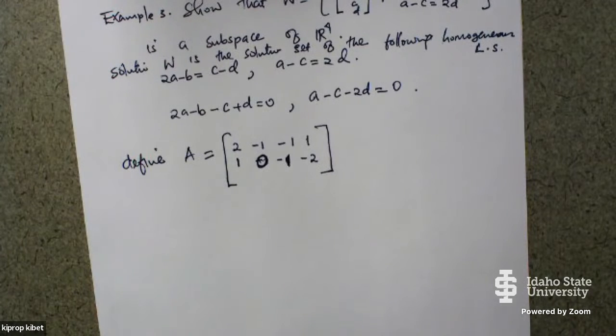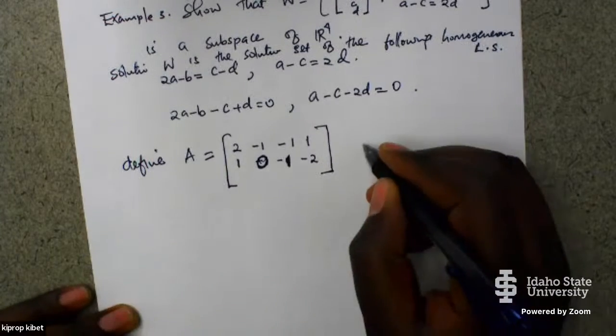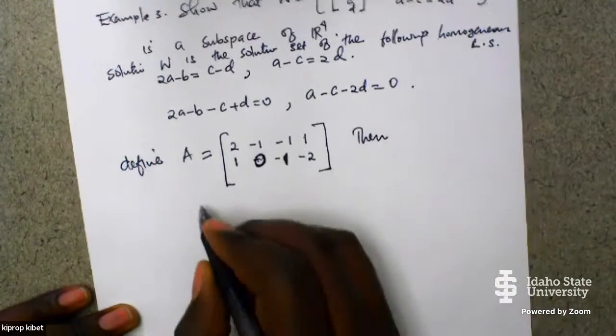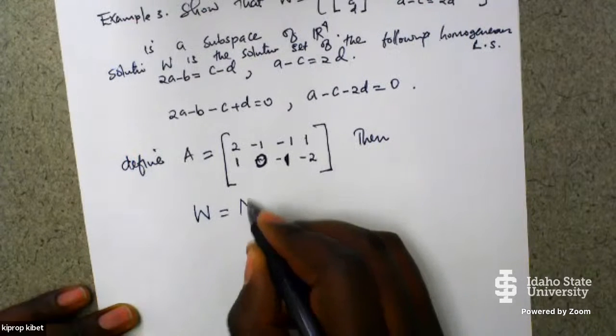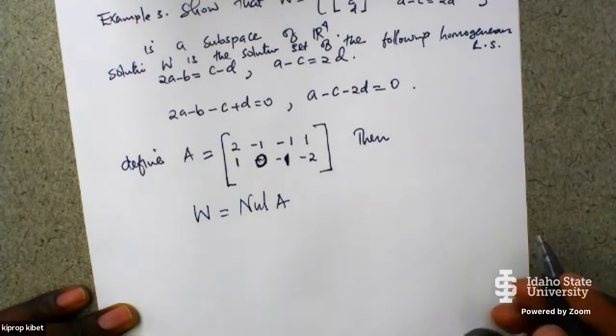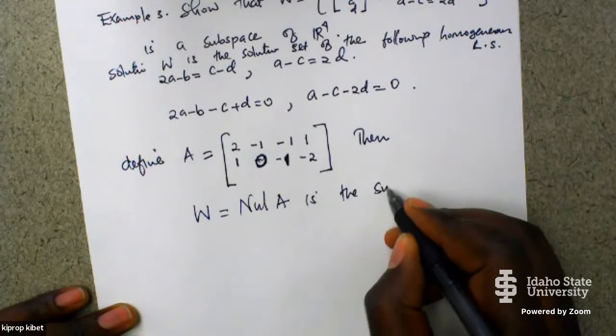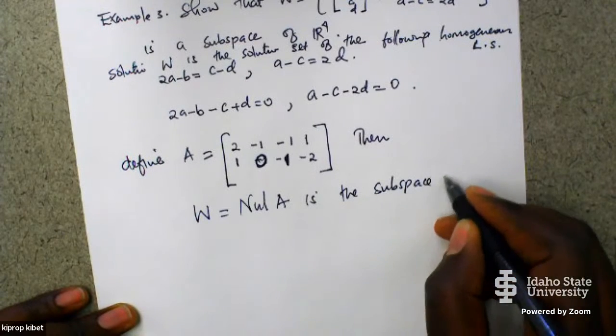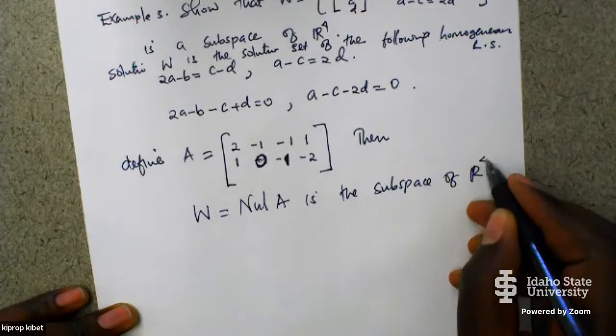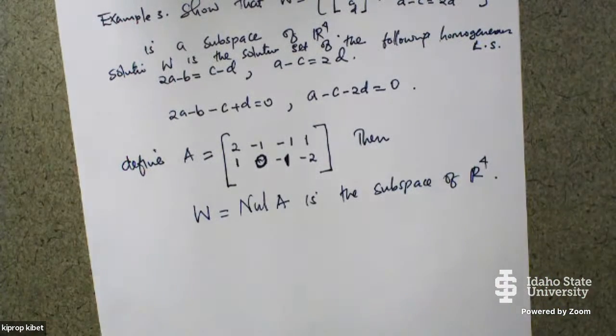So then our W is the null space of A, a subspace of R4.